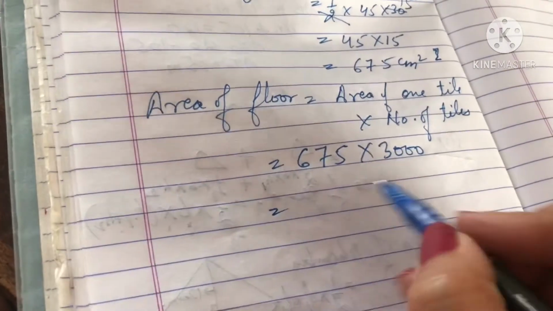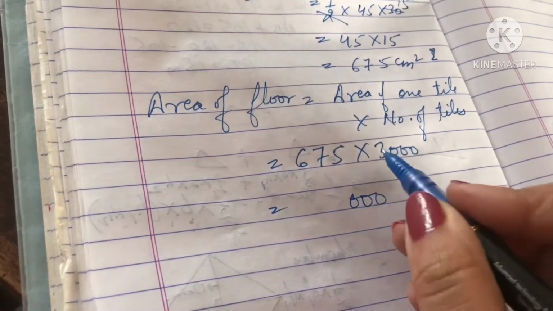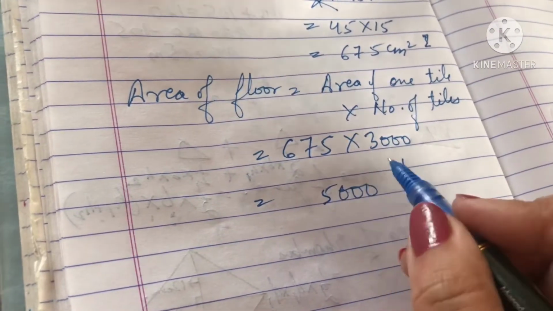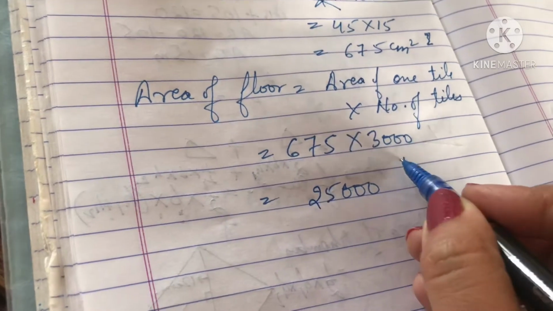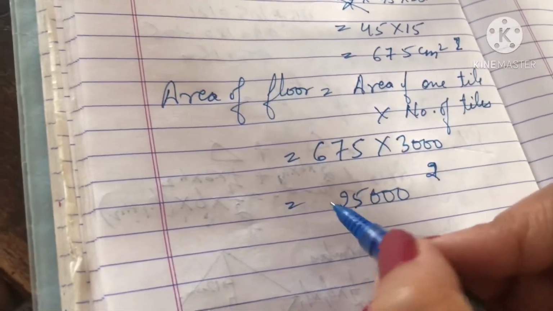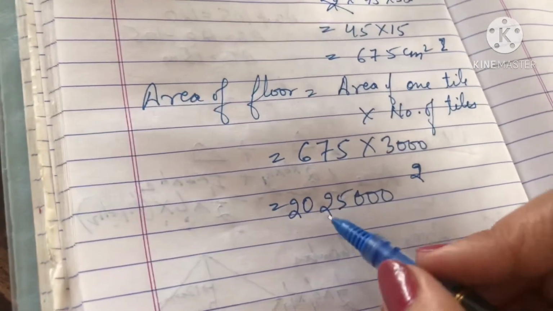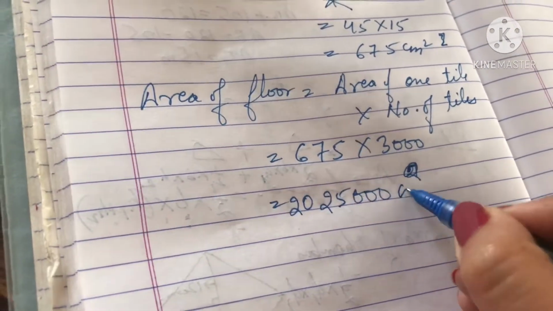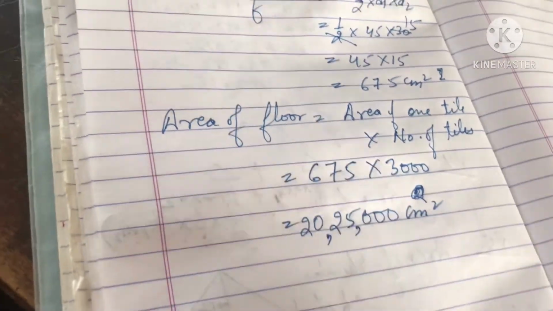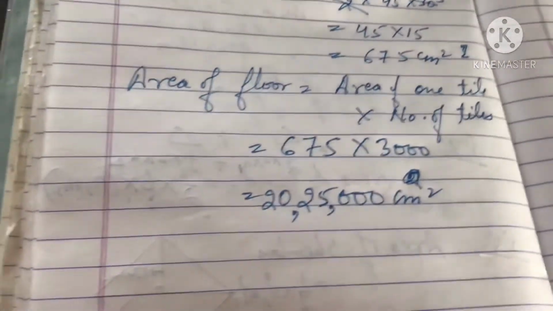Now multiply. 3 zeros are definitely going to come. 3 fives are 15, 3 sevens are 21, 22, 3 sixes are 18 and 2. Now this is in centimeter square. It's 20,25,000 centimeter square.